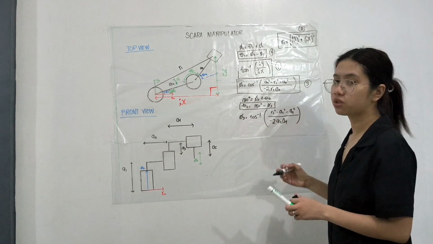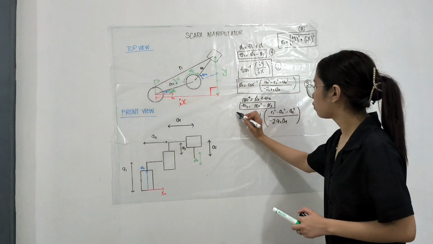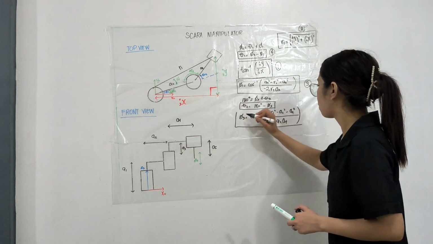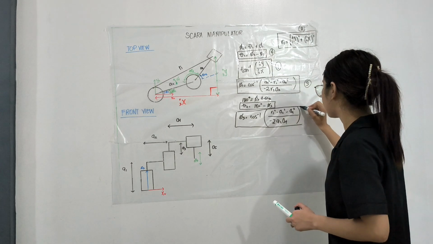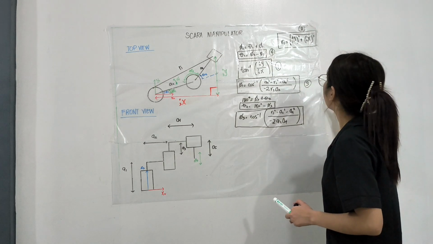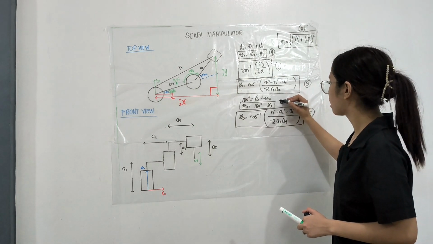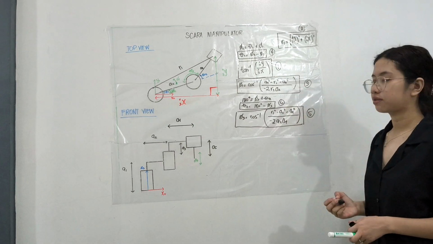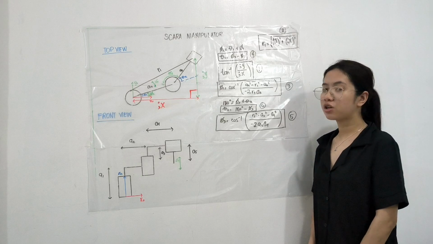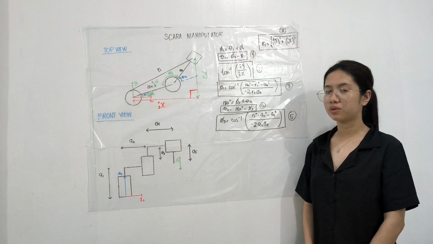We will need this to get the value for phi 3. We will box this because this is our fifth equation and this will be our sixth equation. Now, we can solve for theta 1 and theta 2.